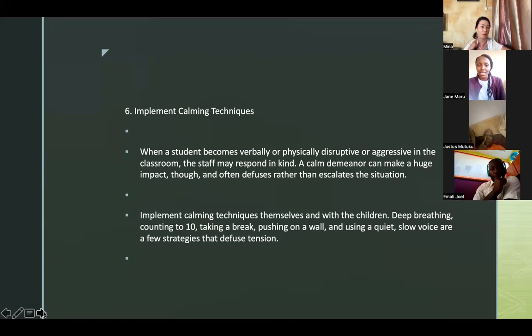With the children, you can tell them to take a deep breath, especially when they start to fidget, make those noises, and become aggressive. You can tell them to push on a wall. Using a quiet, slow voice are a few strategies you can use to diffuse the tension. Next slide, please.